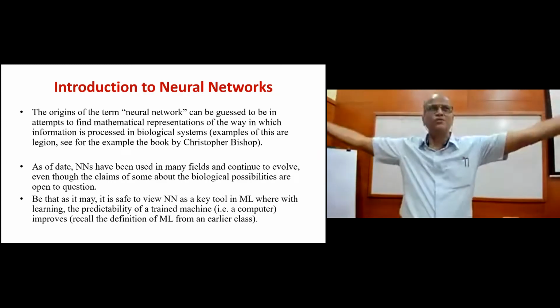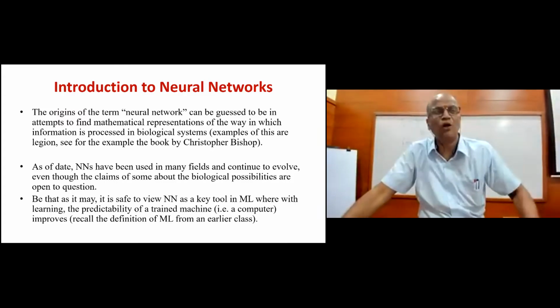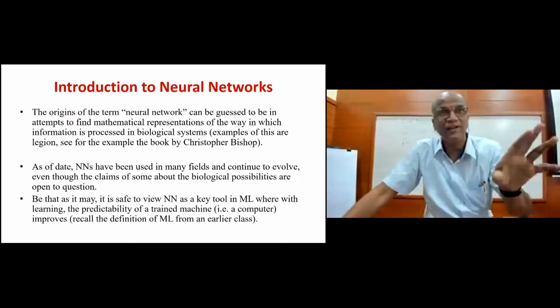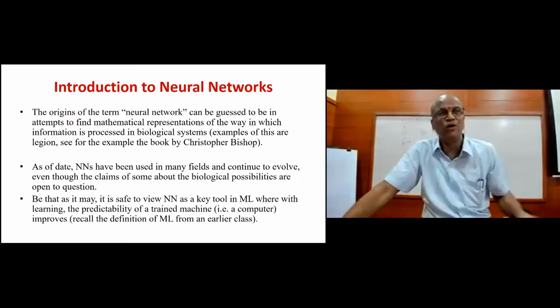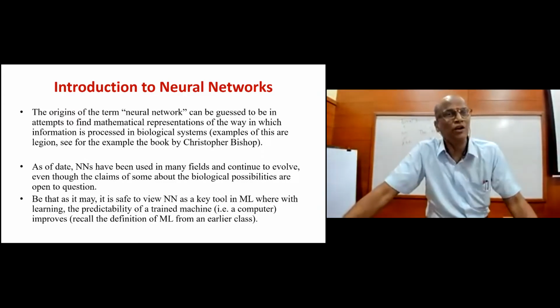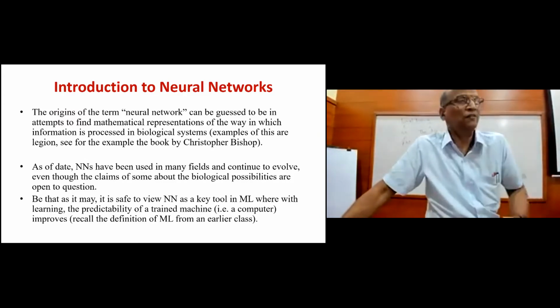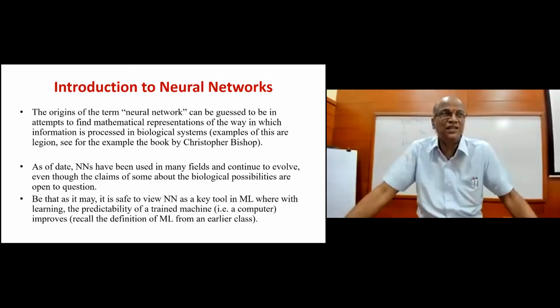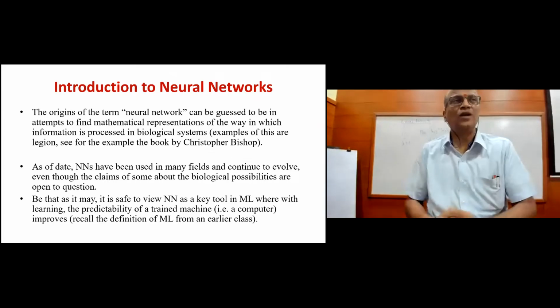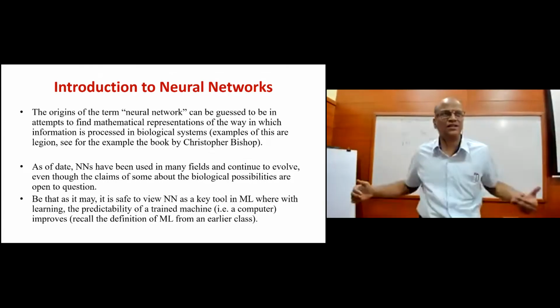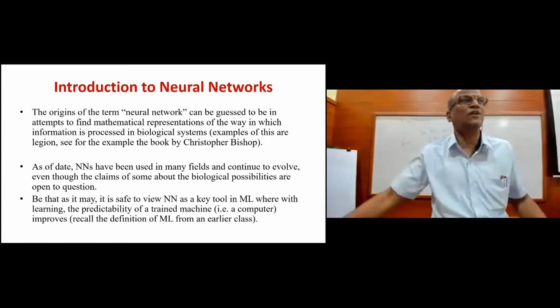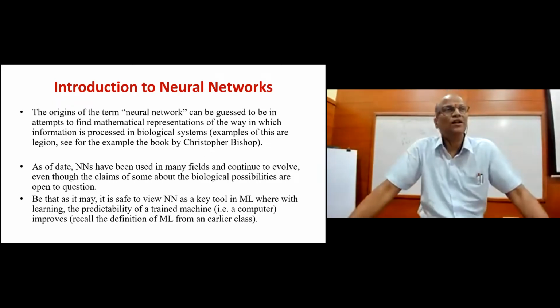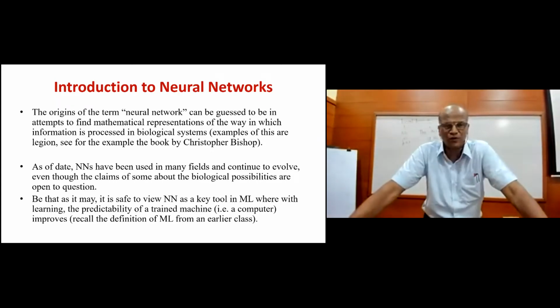So AI is the superset. Out of this is ML. Out of this, neural networks, and within neural networks there is a special portion called deep learning or deep neural networks, which everybody is fascinated about. The other hot topic is reinforcement learning. All these, recurrent neural networks, convolutional neural networks, CNN, RNN, and so on.